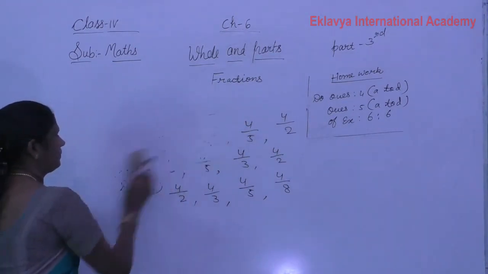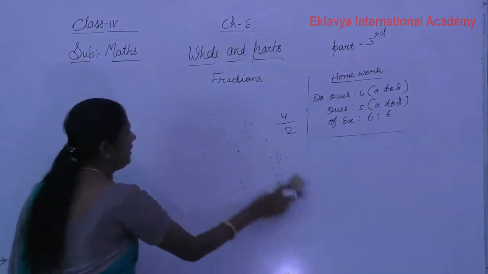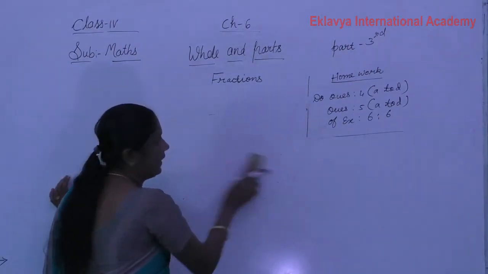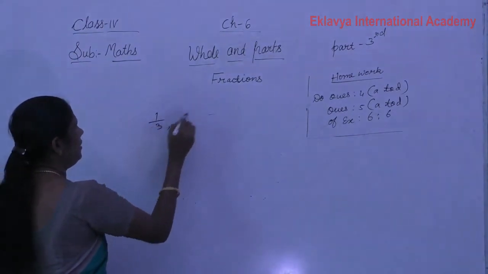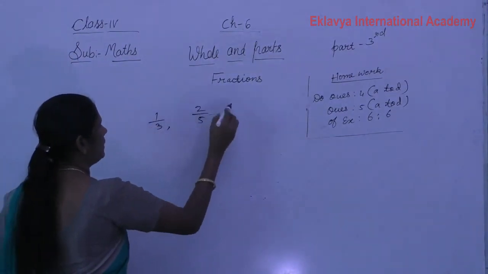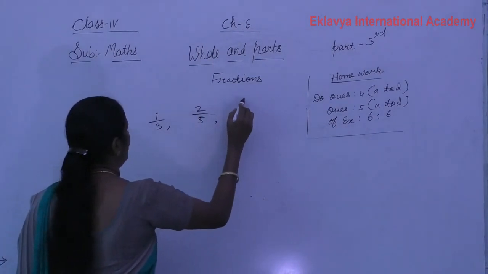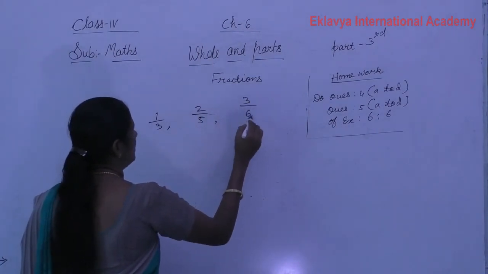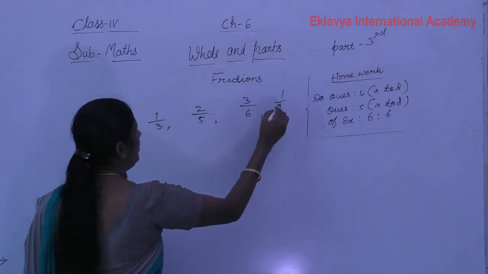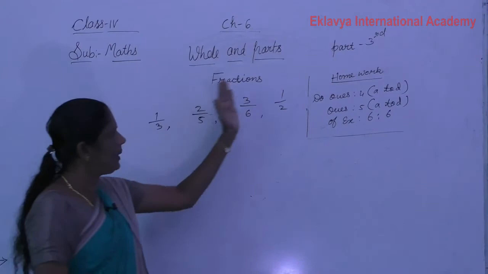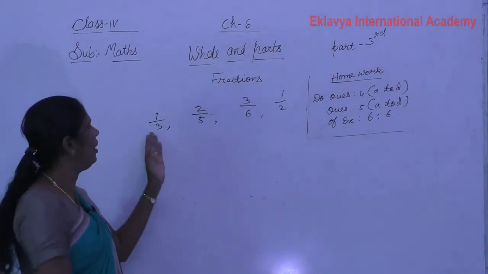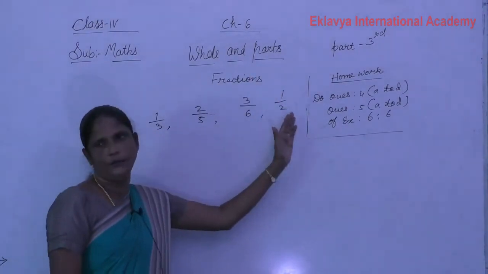Then ascending and descending of different denominators. 1 by 3, 2 by 5, then 3 by 6, then 1 by 2. Look here, all the numerators are different, all the denominators are different.